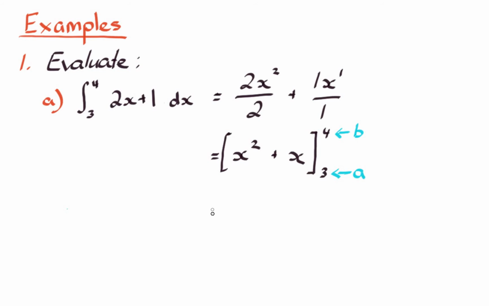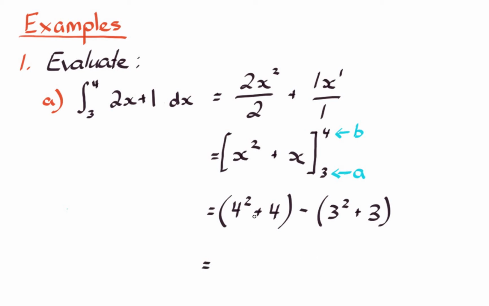So we have 4 squared plus 4. That's what we get when we substitute 4 in place of x, minus, and now we're going to substitute in 3. 3 squared plus 3.